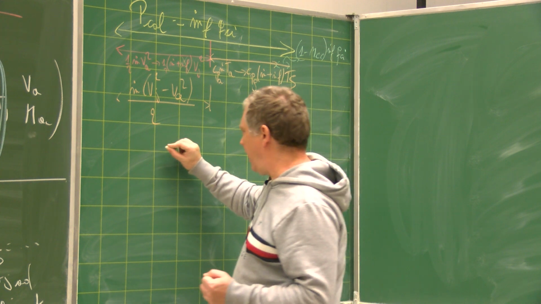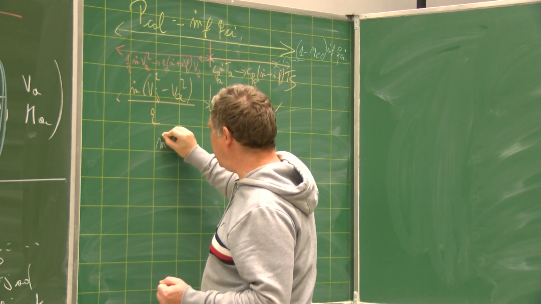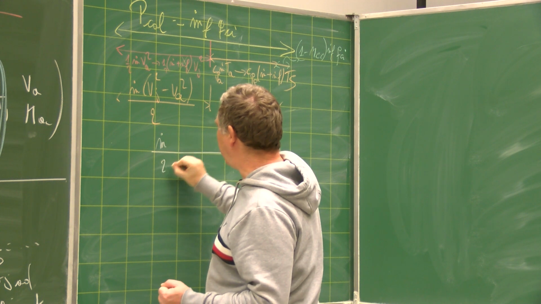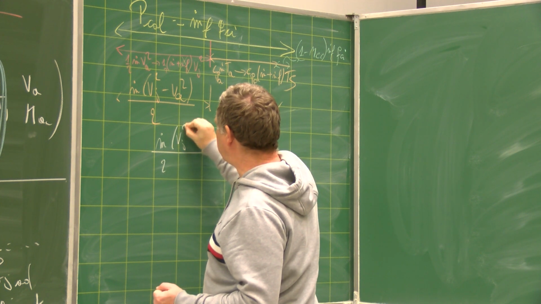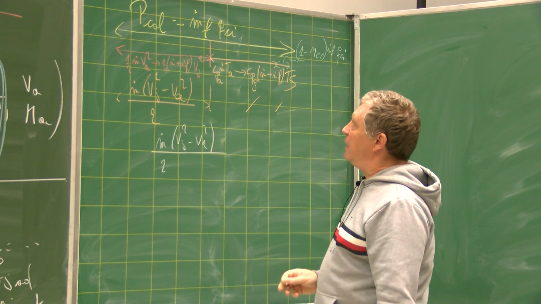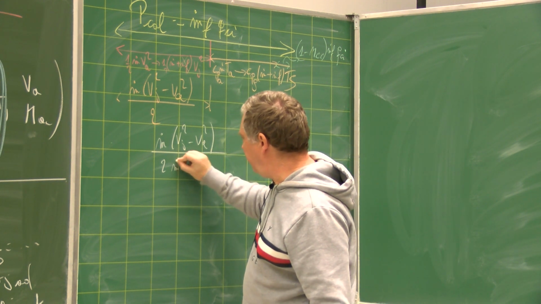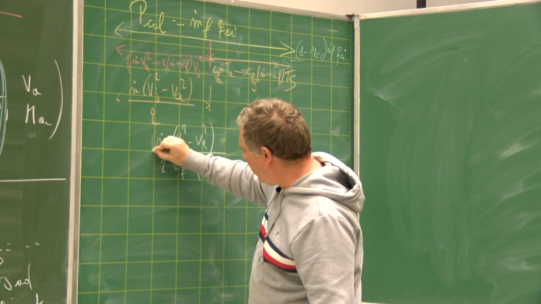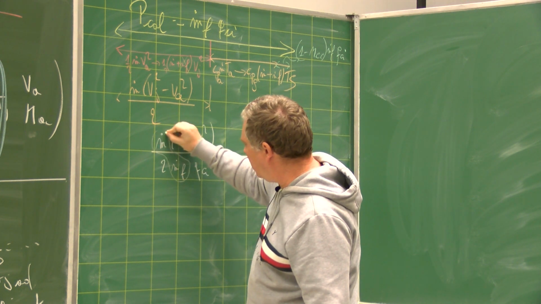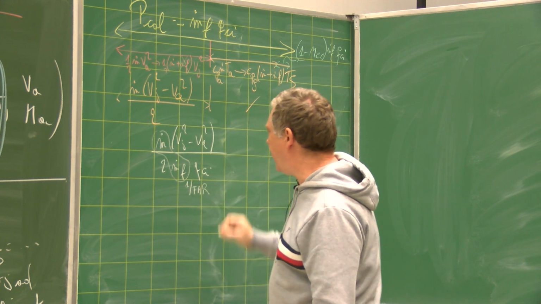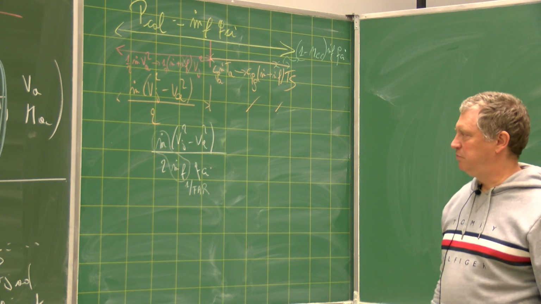And you could define an efficiency that is equal to m dot divided by 2 (V jet square minus VA square) divided by m dot F QCI, where you have here 1 divided by the fuel to air ratio.